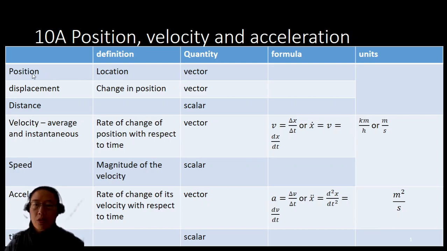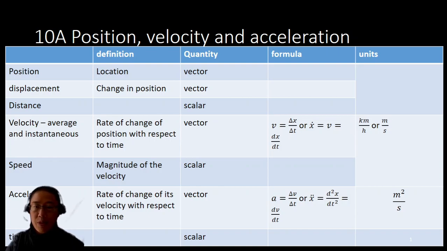So, position, which is a location, is going to be a vector, meaning that again, it will have a magnitude and a direction. Think about the position as the level on an elevator. It can be above the ground, it can also be below the ground, which would be a negative value. So that implies an opposite direction.